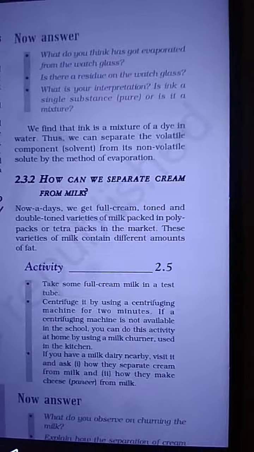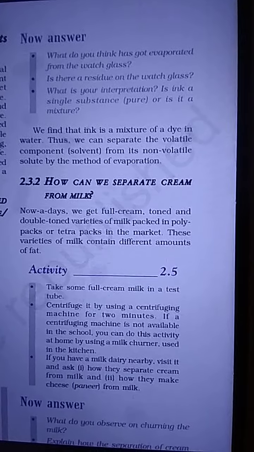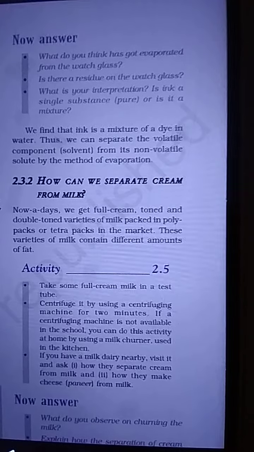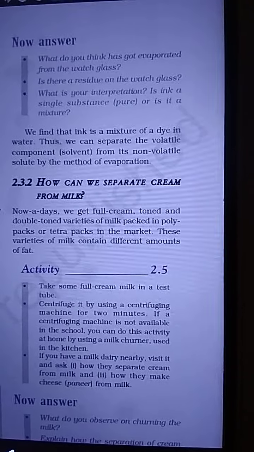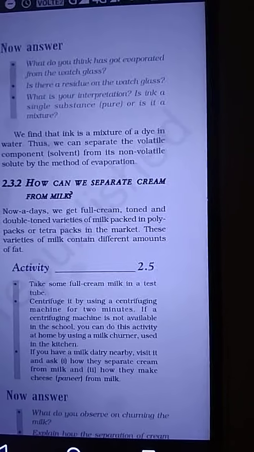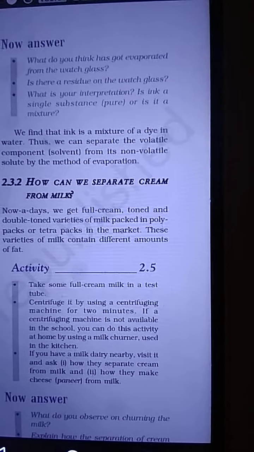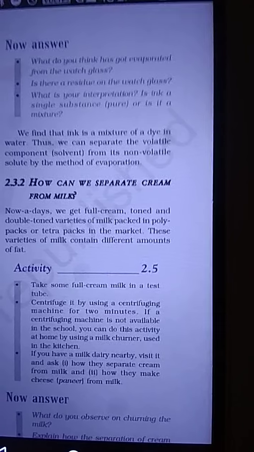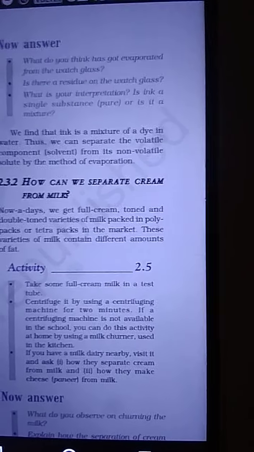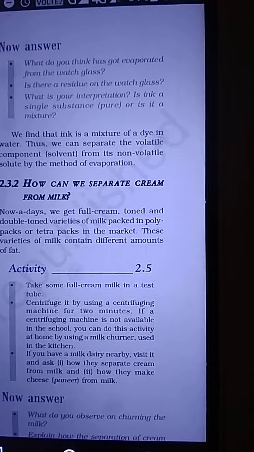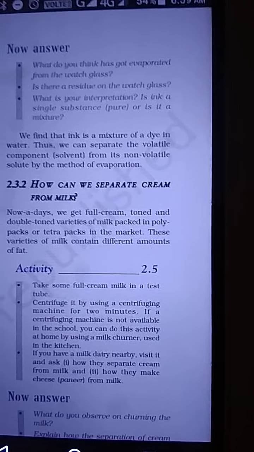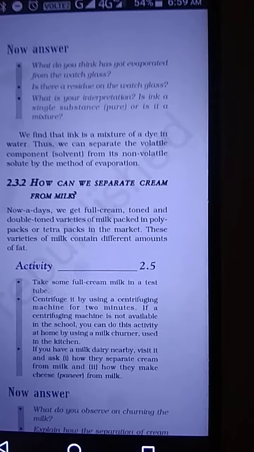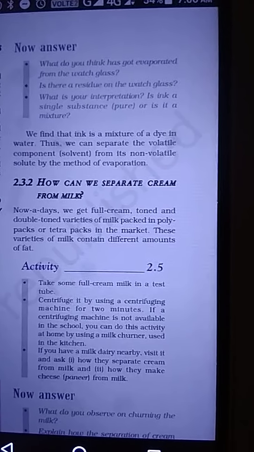Those having a low boiling point will evaporate first, and those having a high boiling point will evaporate later. This technique is used when there is a much higher difference in boiling points. The boiling point of ink is much higher than that of water. So when we heat this ink solution, water will evaporate and we will be left with only the ink, that is, the dye.